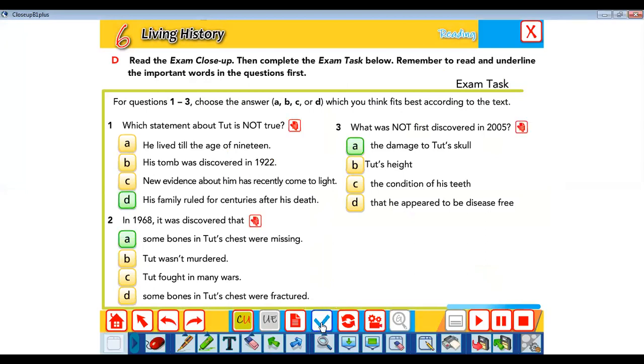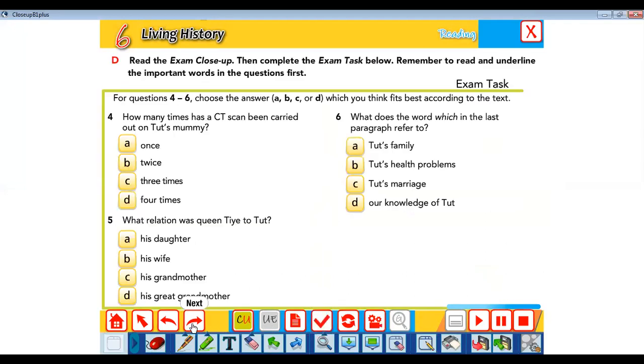After reading the text, you can check the answers. These are the answers: number 1, D, number 2, A, and number 3, A. After that, number 4, 5, and 6. Number 4, B, number 5, C, and number 6, B.